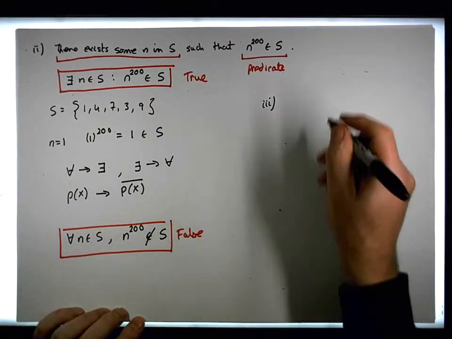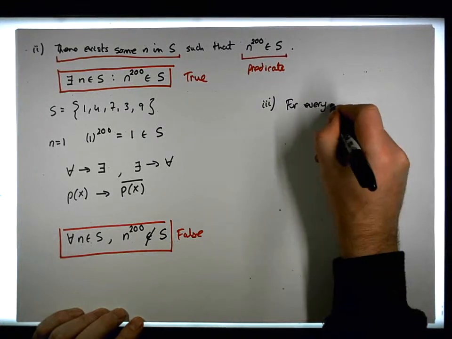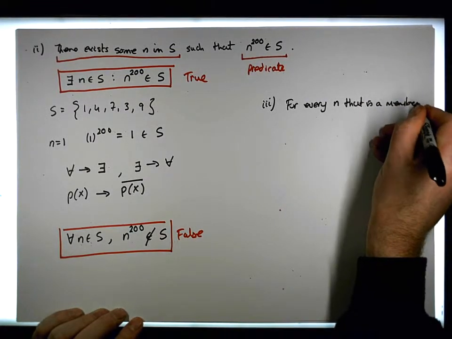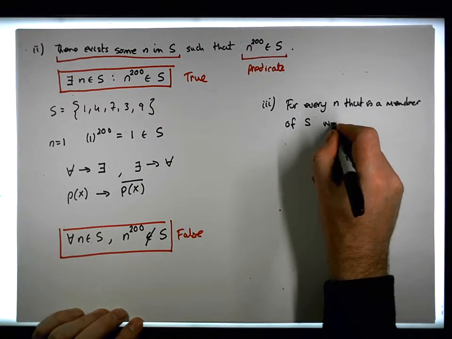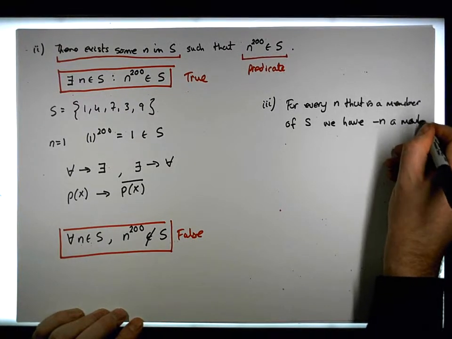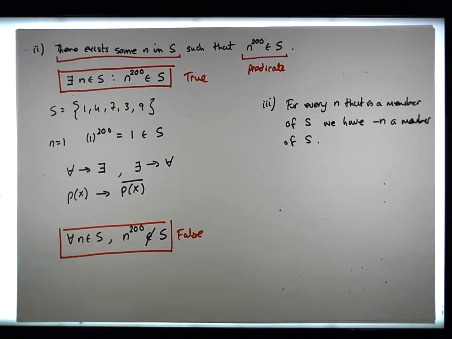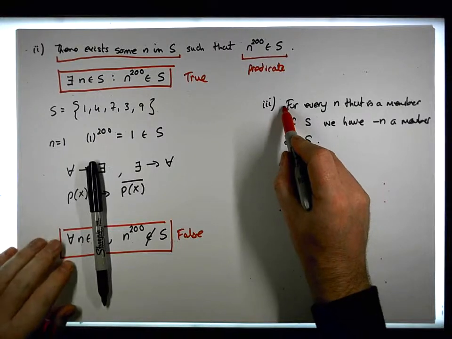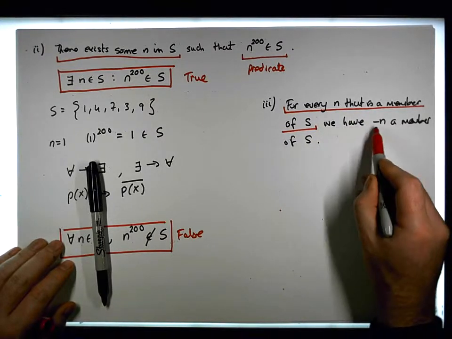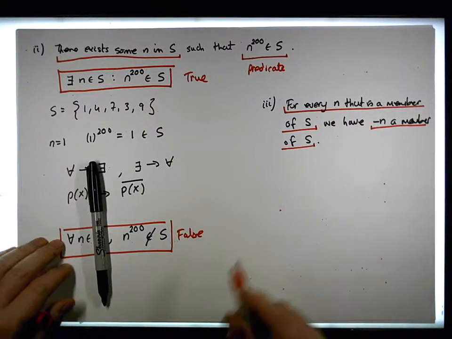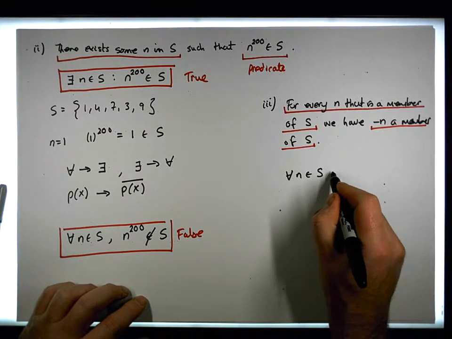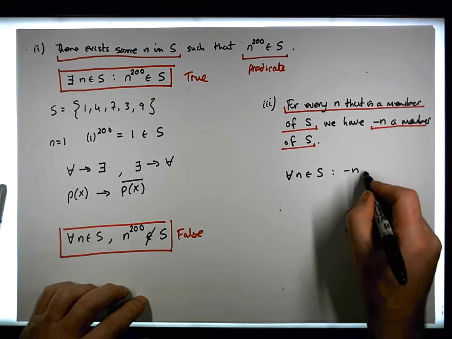For every n that is a member of S, we have minus n is also a member of S. So the quantified piece is that for every n that is a member of S, and the predicate itself is that minus n is a member of S. So for each and every n that's an element of S, we must have that minus n is an element of S.